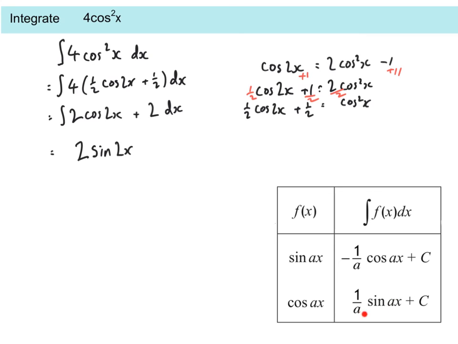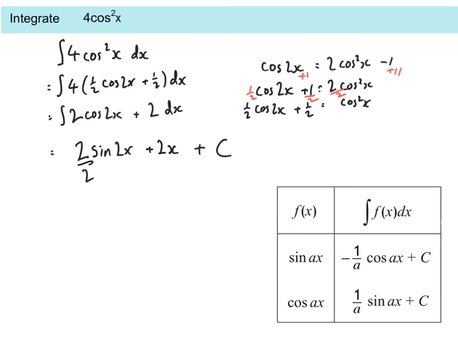But it shows me also I need to divide by this coefficient. So I need to divide by this 2. Divide by 2. I've got the non-trig bit here. I need to integrate that. That is going to integrate to 2x. And then, last but not least, my constant of integration.